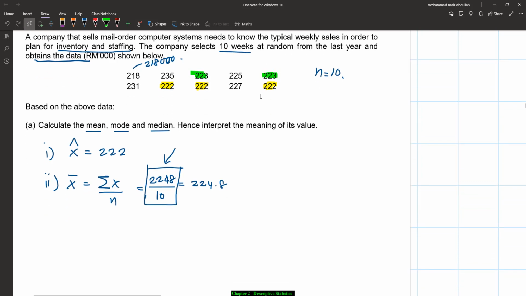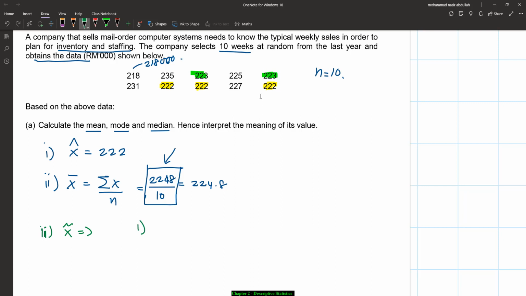Alright, so number 3, let's use another color. So number 3, to find the median, first we need to arrange the data in order.